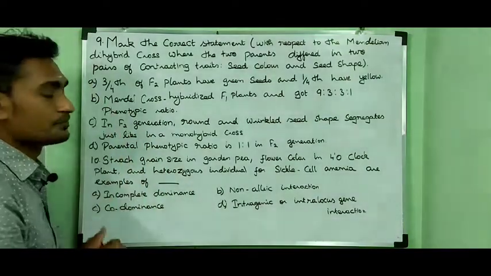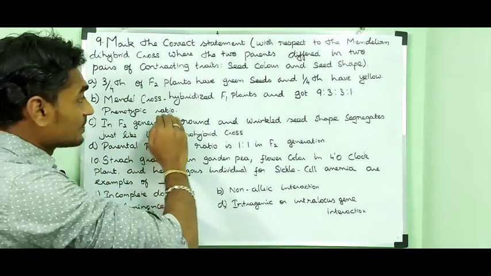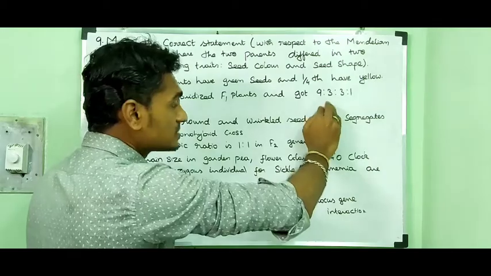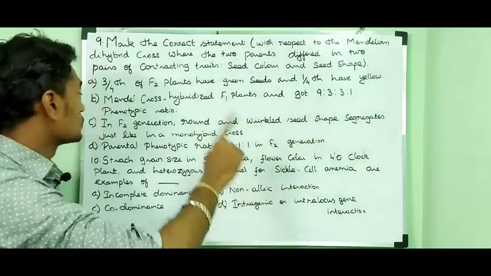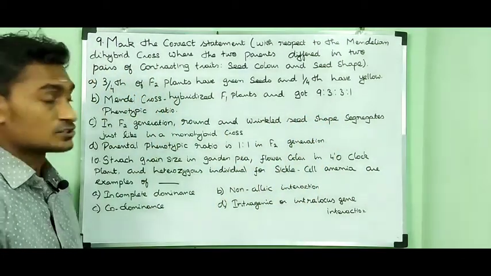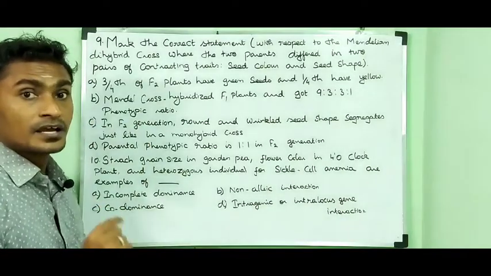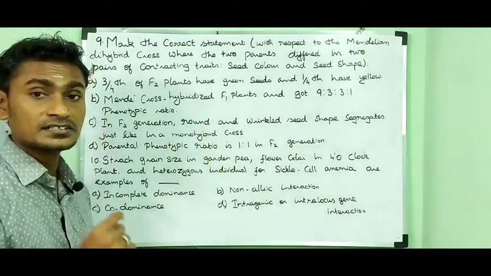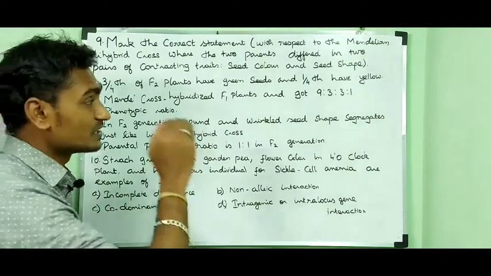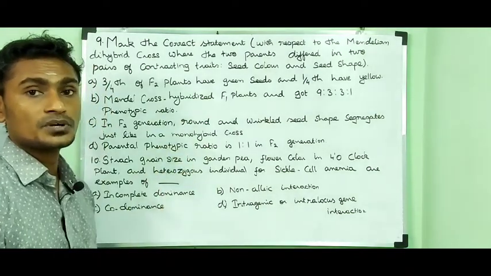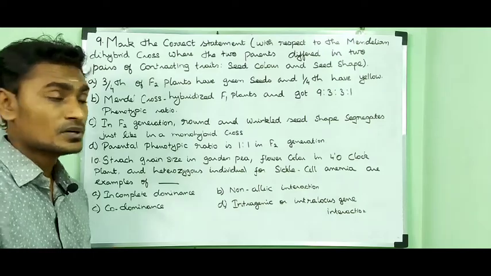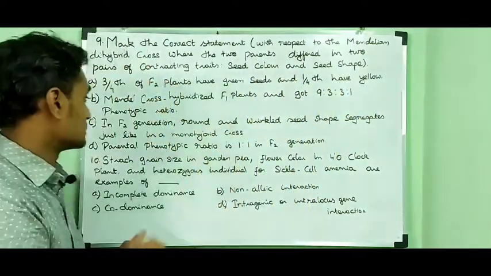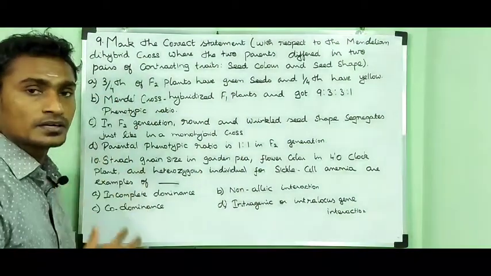Then option B: Mendel cross-hybridized F1 plants and got a 9:3:3:1 phenotypic ratio. In the F2 generation only, we are able to get the phenotypic ratio 9:3:3:1, so option B is also a wrong answer.